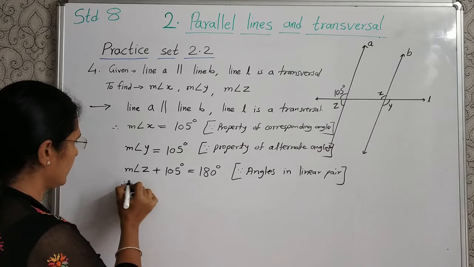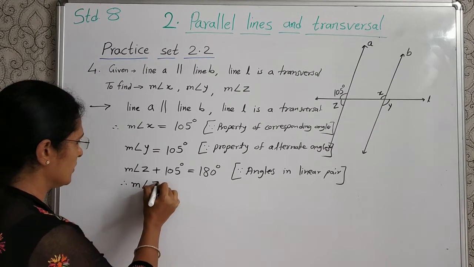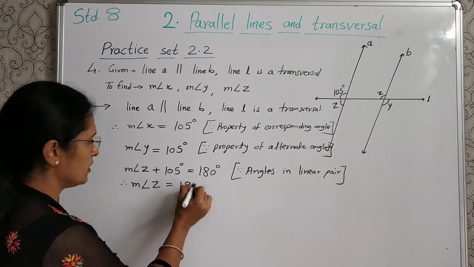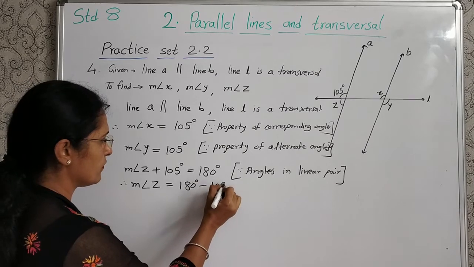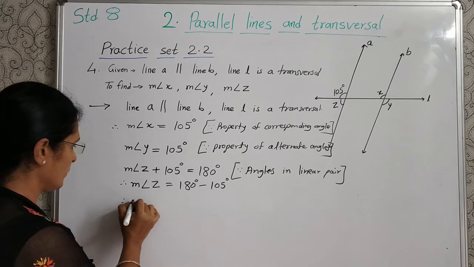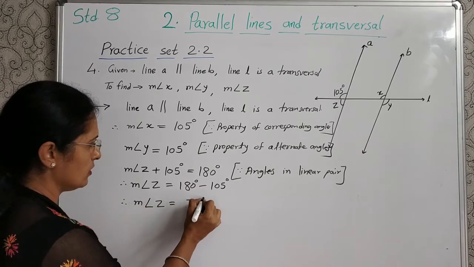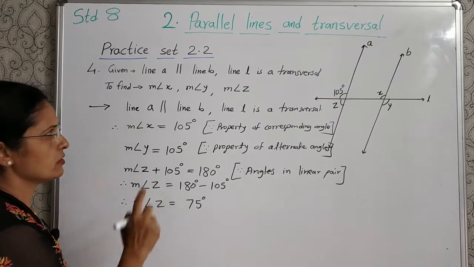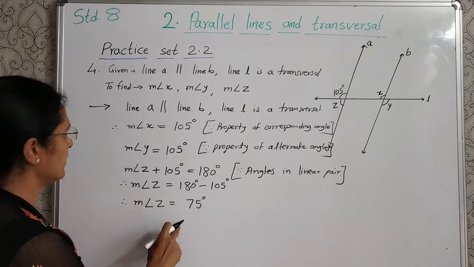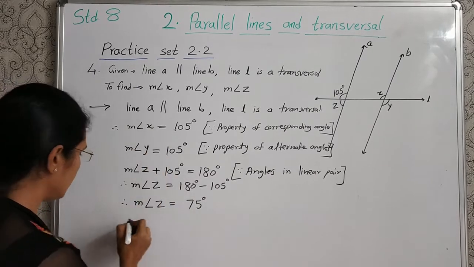Now we'll find measure angle Z. So it is 180 degree minus 105 degree. Therefore measure angle Z is equal to 75 degree. So we got all the three measurements.